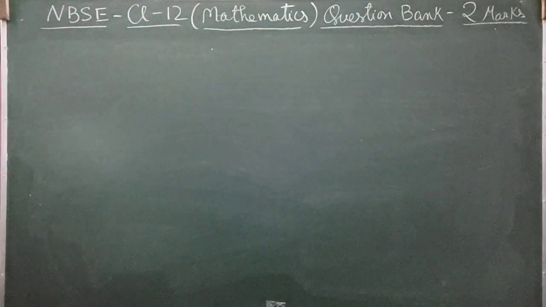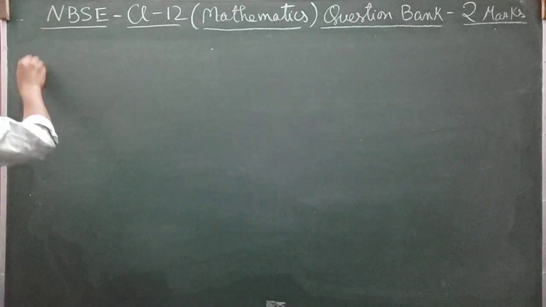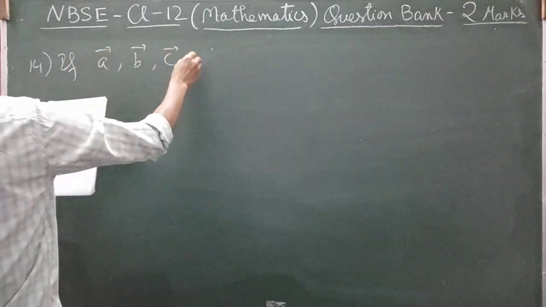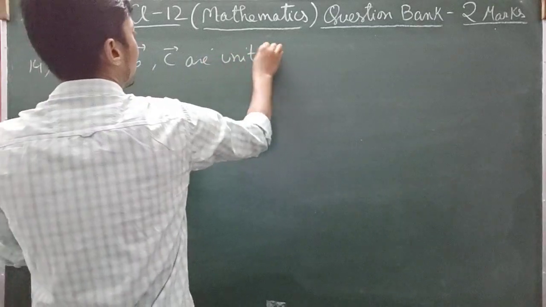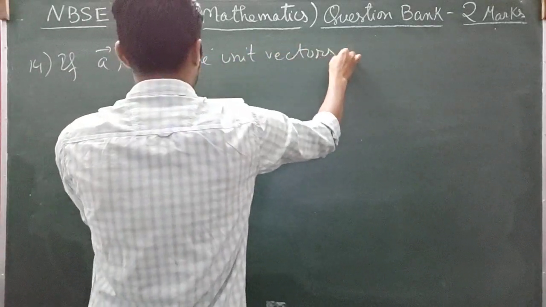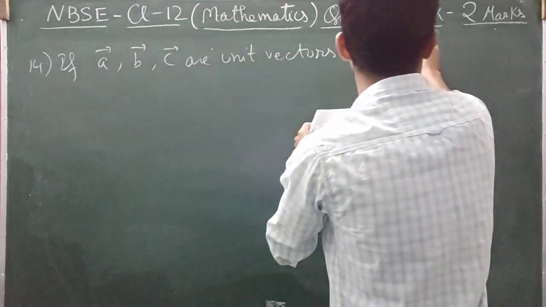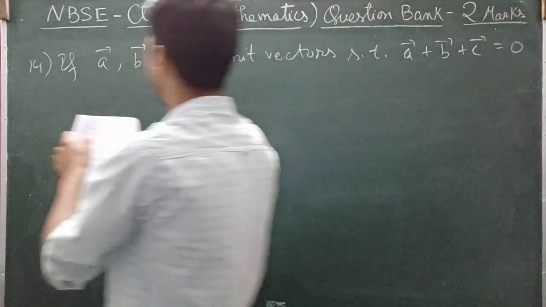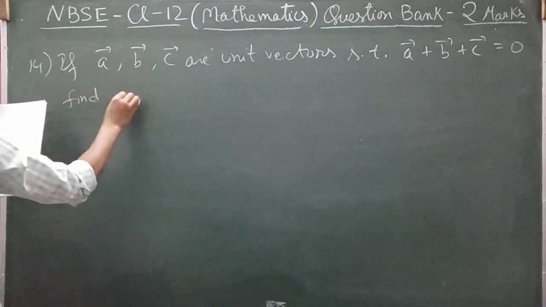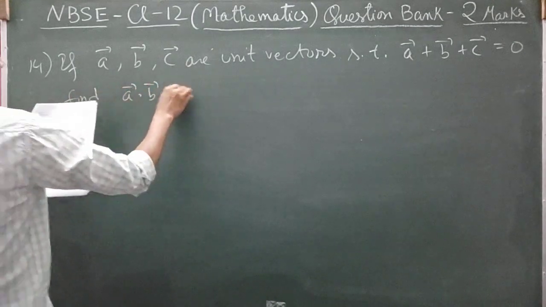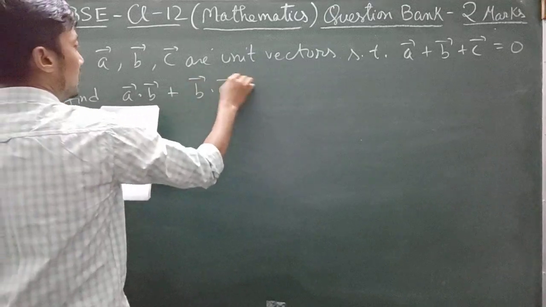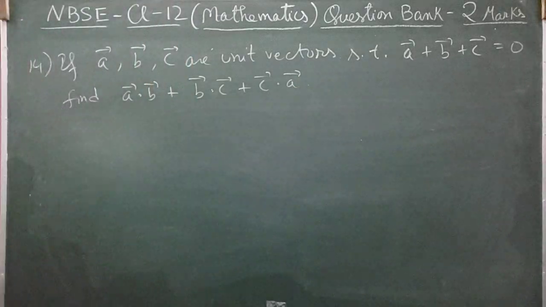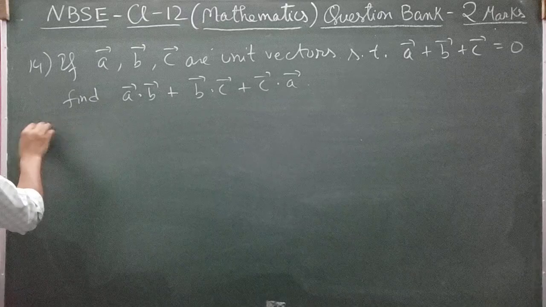The next question again is vector algebra only. Number 14. If vector A, vector B, vector C are unit vectors such that their sum is equal to 0, then find the value of A dot B plus B dot C plus C dot A. Alright, not a big problem there.